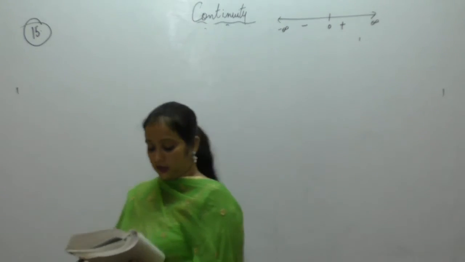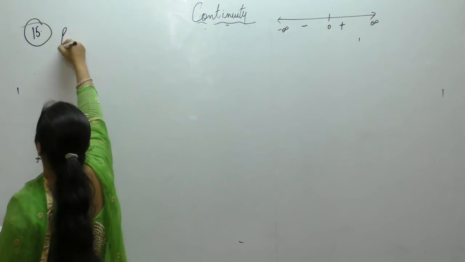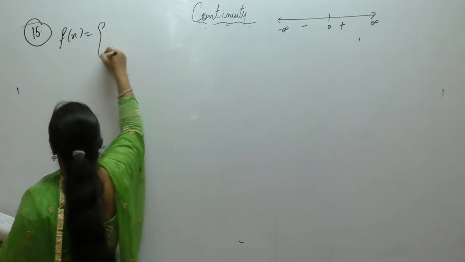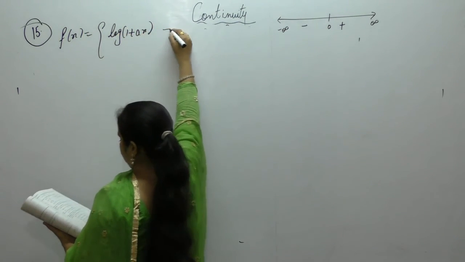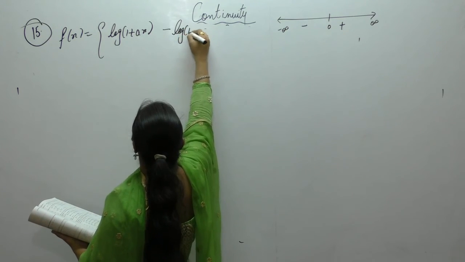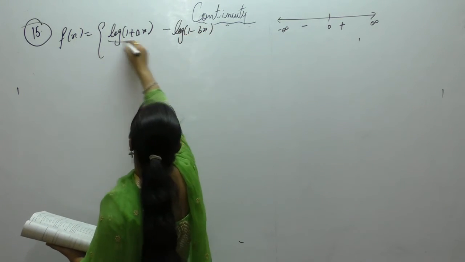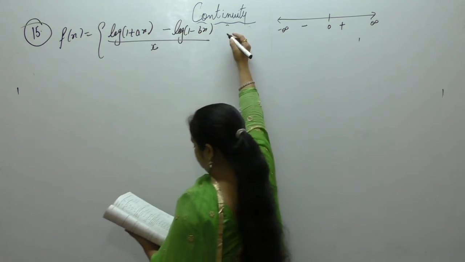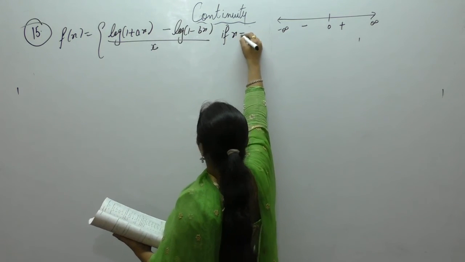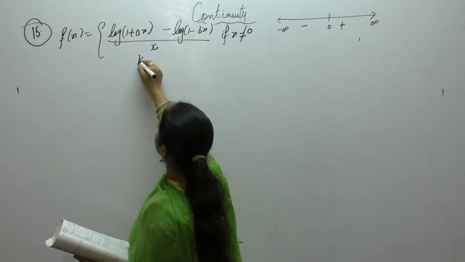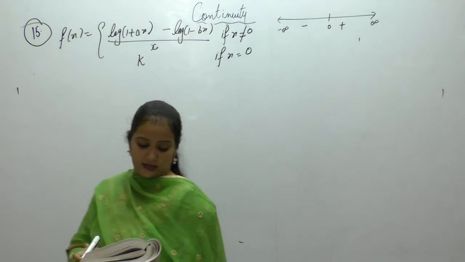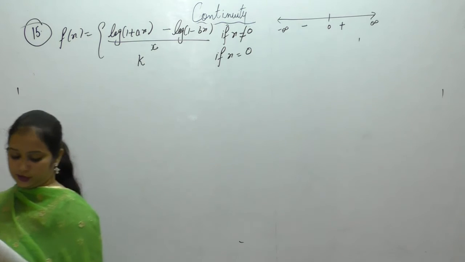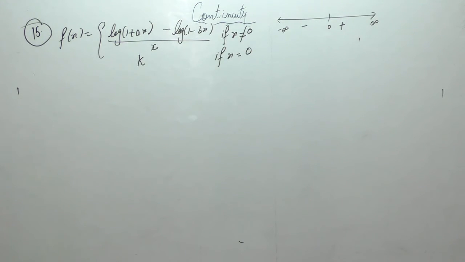If the function f of x defined by log of (1 plus ax) minus log of (1 minus bx) upon x, if x is not equals to 0, and k, if x is equals to 0, is continuous at x equals 0, find the value of k.